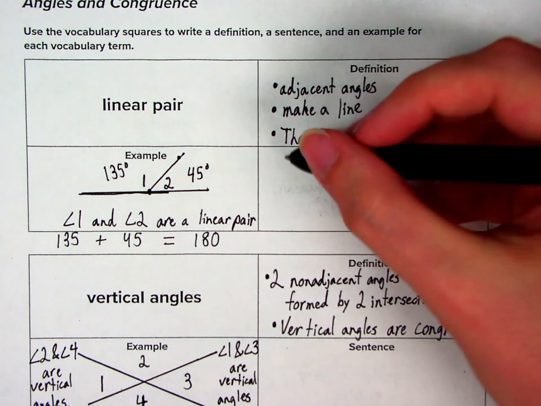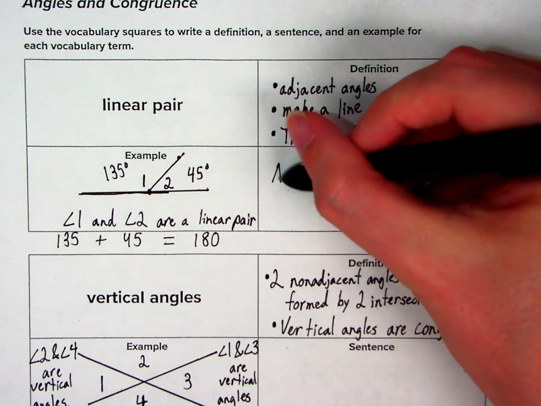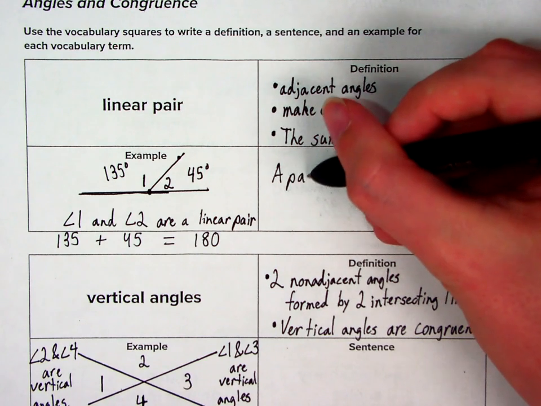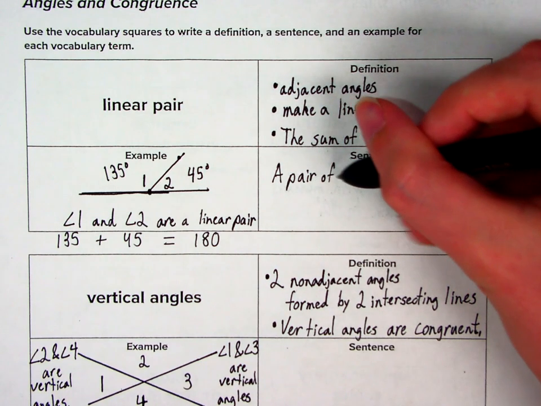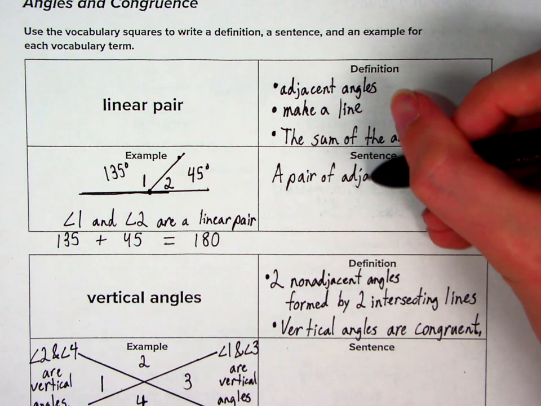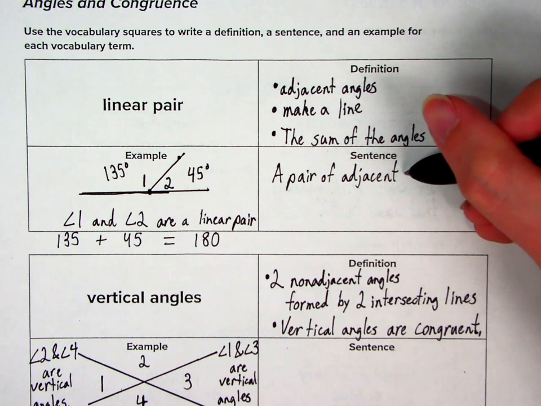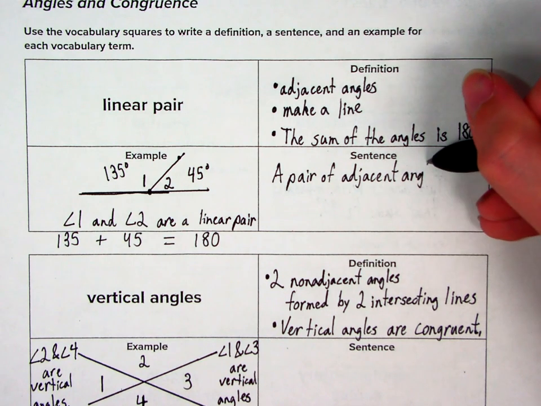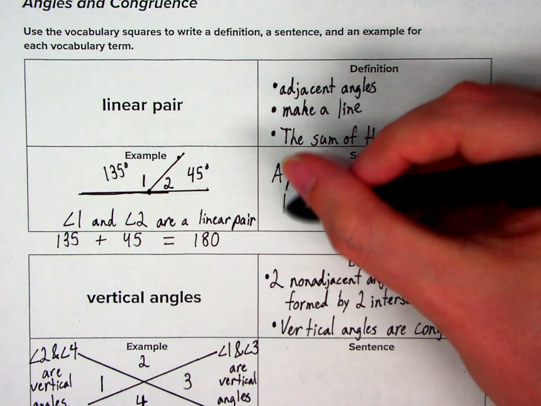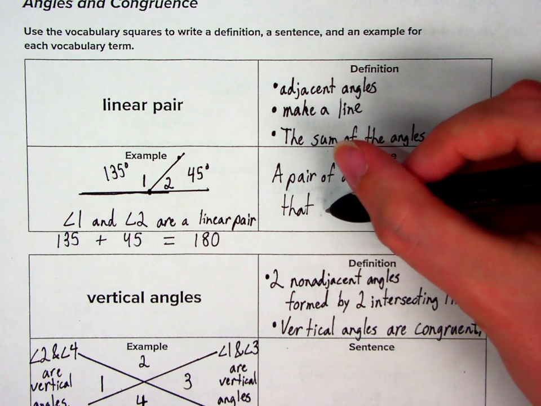Our simple sentence for a reminder for us was just a pair of adjacent angles that make a line.